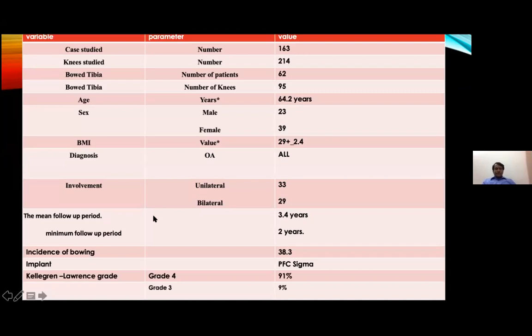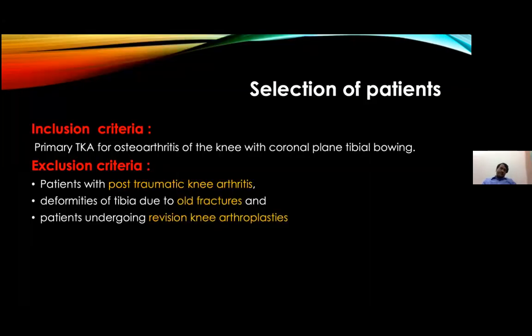We have seen that bowing is seen in all these patients, with an incidence of around 38.3%. The selection criteria of bowing is especially patients with osteoarthritis with coronal plane deformities.